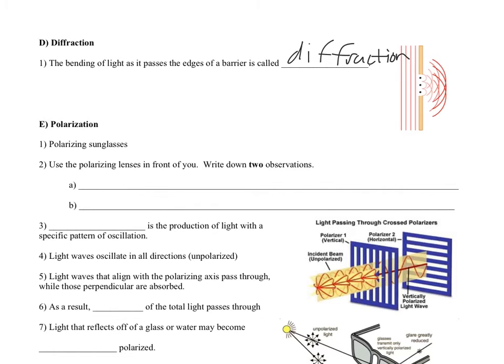We found that as wavelength goes up, diffraction goes up. That's why we use radio waves to transmit information, because since they have the longest wavelength, they're really good at bending around objects and obstacles like buildings.